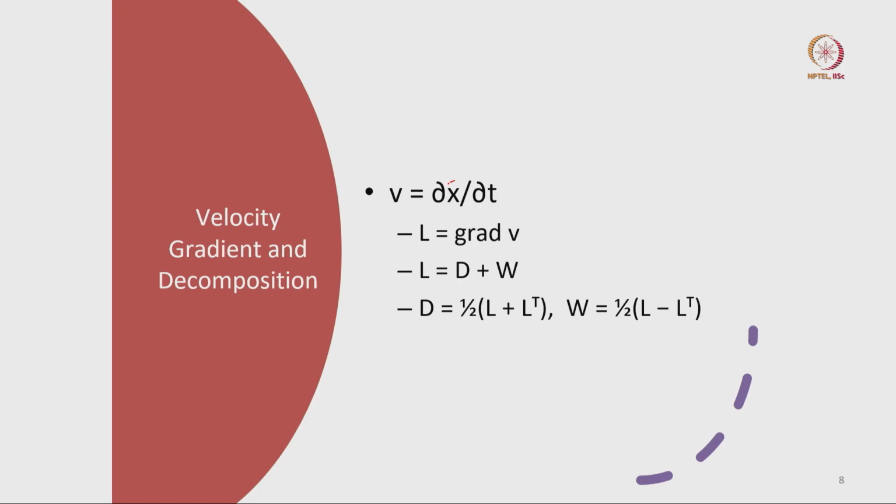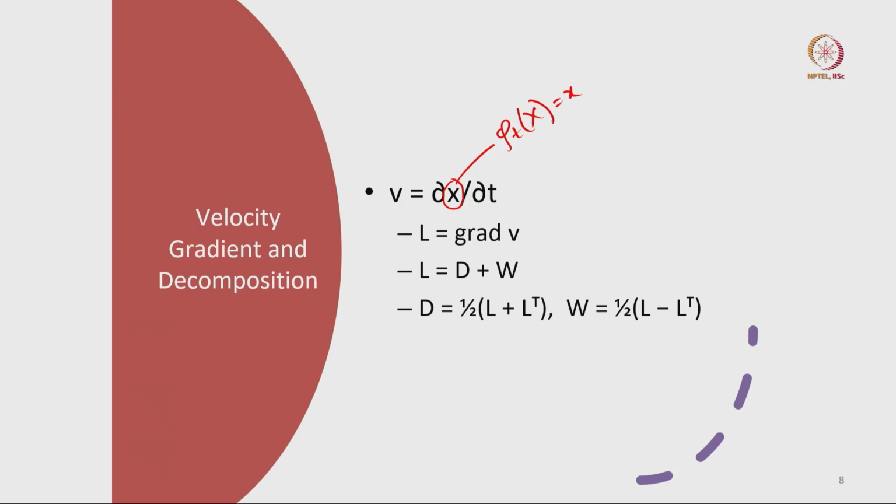The deformation itself is small x, also called phi, so small x is in the range of phi t of capital X, as you recall. Therefore velocity is the material time derivative of phi with respect to t, whilst holding capital X fixed.